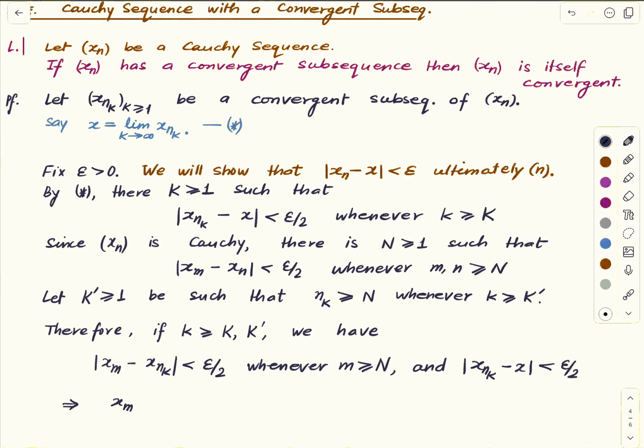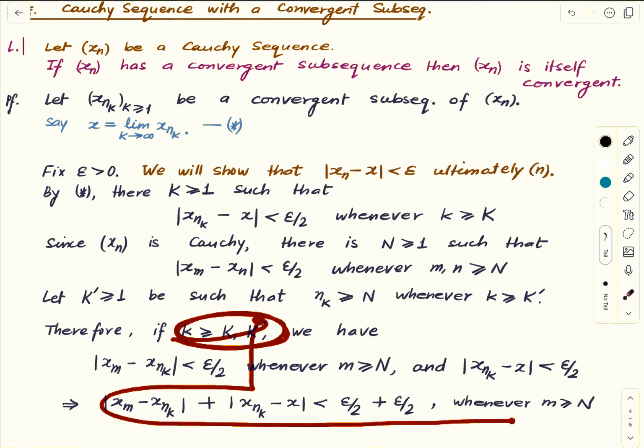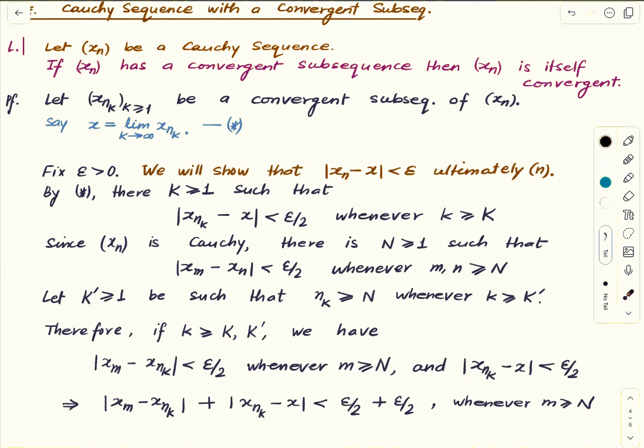So when k is at least the maximum of these two integers, this summation is less than epsilon by 2 plus epsilon by 2 whenever m is at least capital N. So what I'm trying to say is that if this is the case, then that is the case. But now apply the triangle inequality.